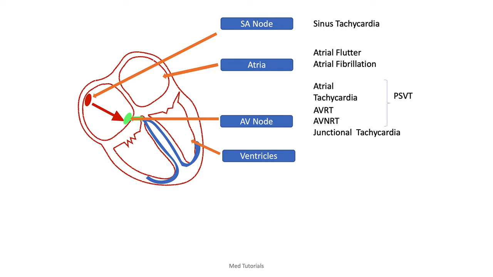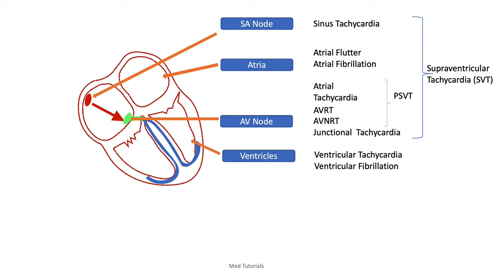Now, atrial tachycardia, AVRT and AVNRT are grouped under paroxysmal supraventricular tachycardia. And all these tachycardias which arise above the level of the ventricle, they're termed as supraventricular tachycardia. From the ventricles, we can get ventricular tachycardia and ventricular fibrillation.